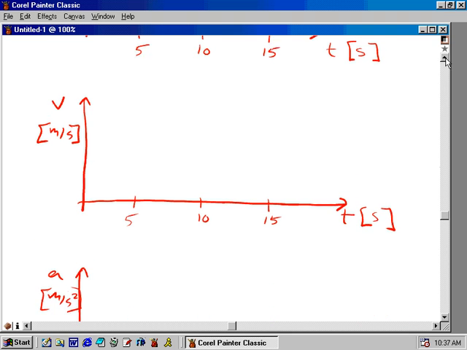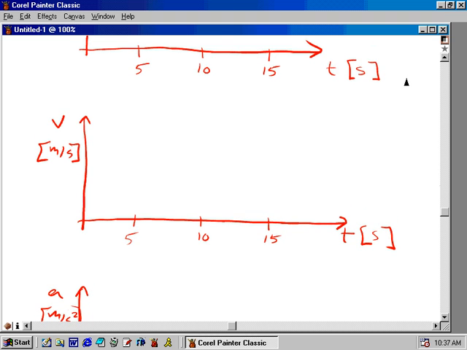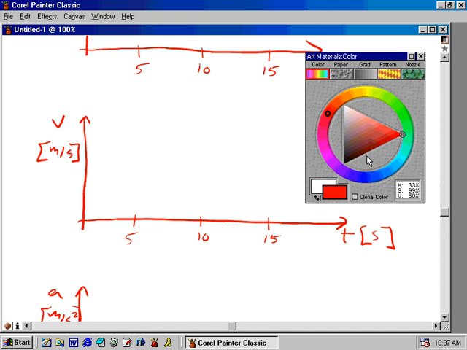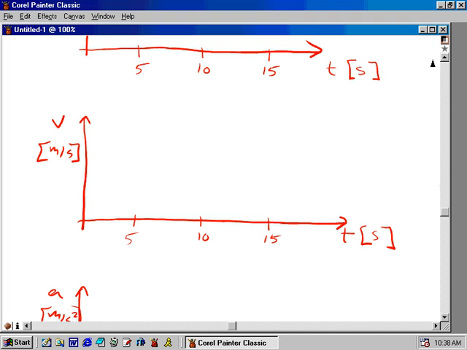Alright, I generally find it easiest to start with the velocity and work from there. I'm going to change the color here on you. Let's see, it's already got some velocity. It gets up to 30.